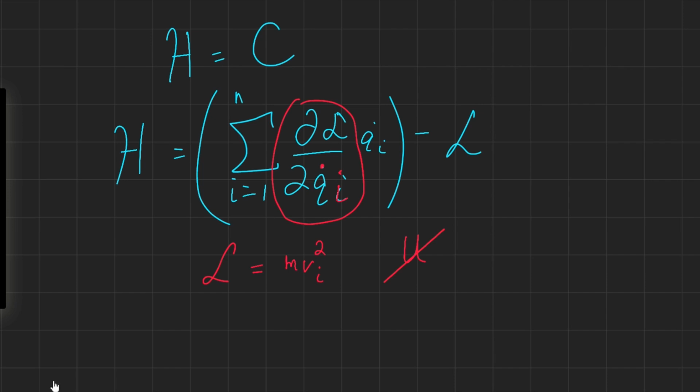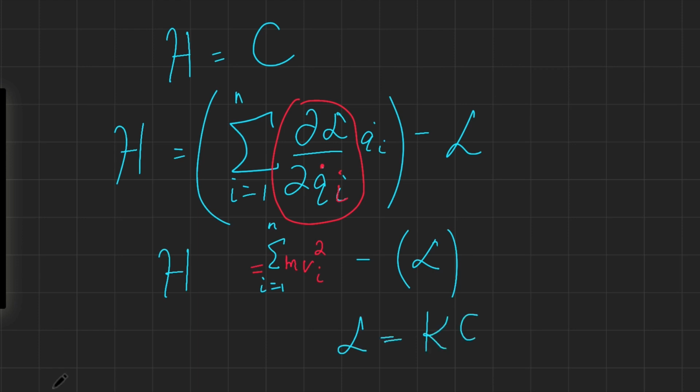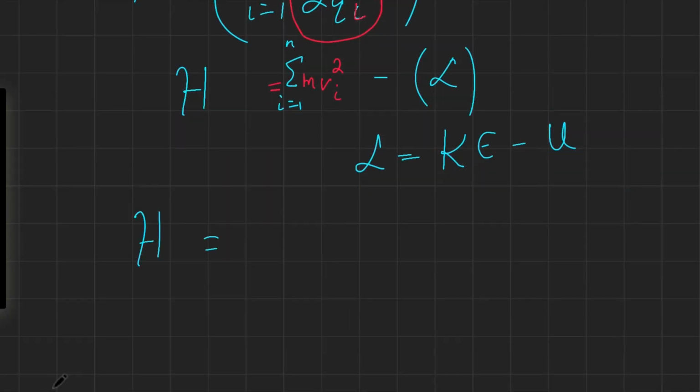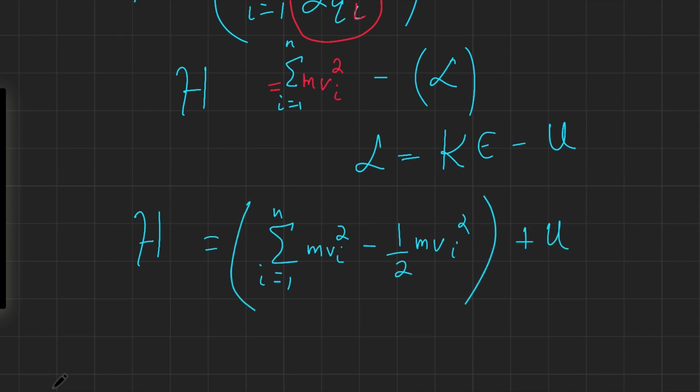v squared. Right, so now we could write the Hamiltonian as equal to the sum from i equals 1 to n of this minus the Lagrangian. Well, the Lagrangian is simply equal to the kinetic energy minus the potential, so if I plug this in here, I can split up the kinetic energy again, and we'd get m v_i squared minus half m v_i squared, and then outside the summation you'd get plus potential energy.